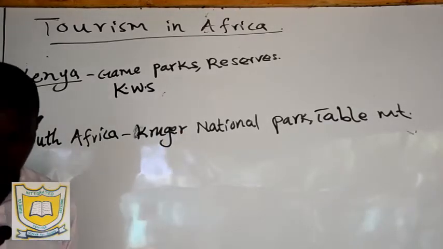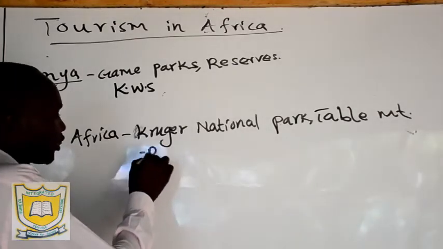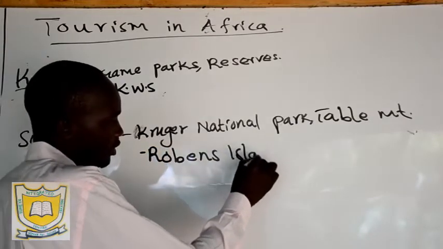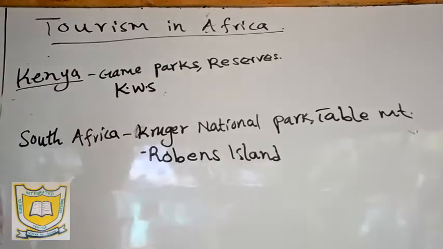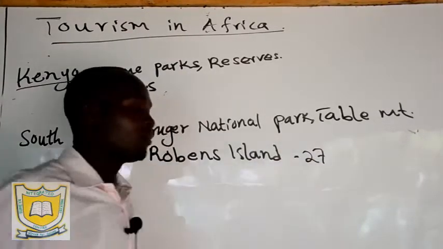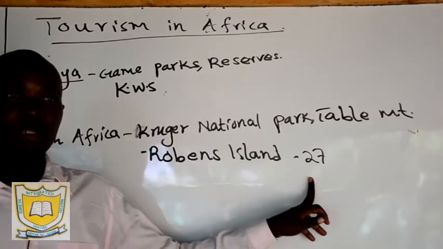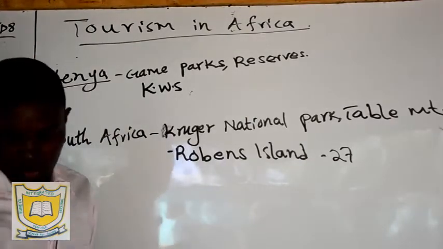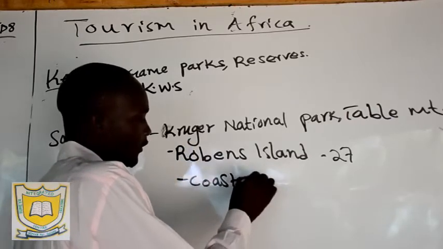Then we have another one called Robben Island. Robben Island is where Nelson Mandela was imprisoned for around 27 years during colonial time by the British. So this one also attracted tourists. And then we have another one, the coast of Durban.